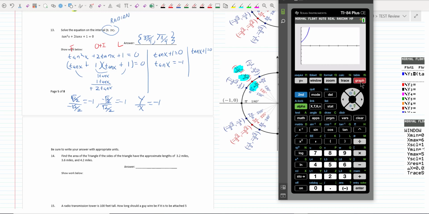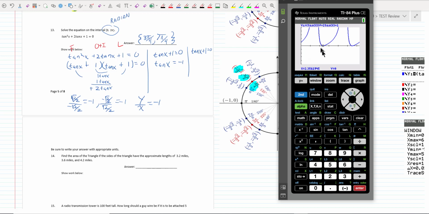And then when I graph this, the way we want to check the answer is we're looking for where this is equal to 0. I do want to make sure I've got everything in here correct. Okay, so I've got that. And then you can just trace your answer. The first answer is 3 pi over 4, and then we'll see if 0 pops up.